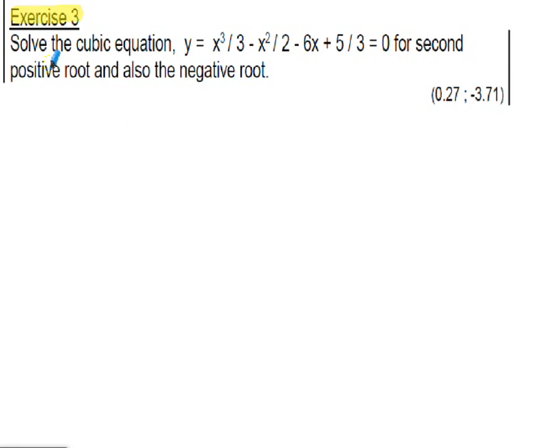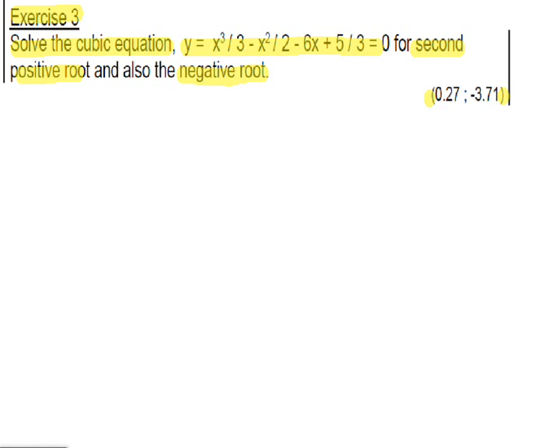Exercise 3 requires us to solve the cubic equation shown in the previous example, so same equation here, but this time for the second positive root and also for the negative root. Answers are shown in the brackets.